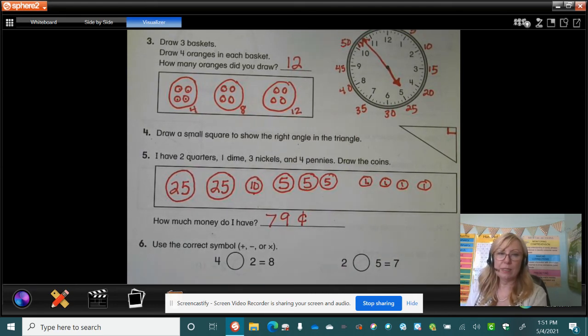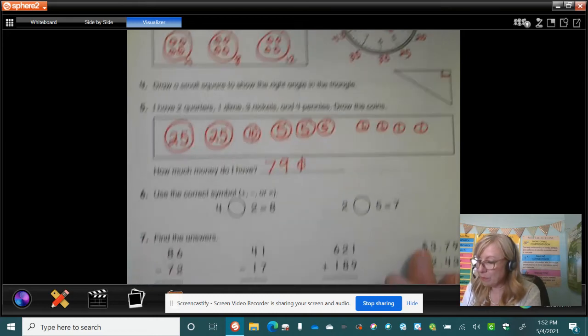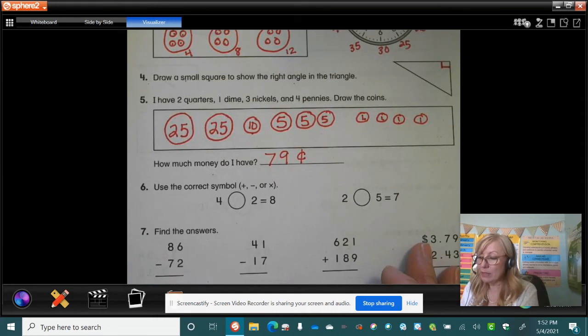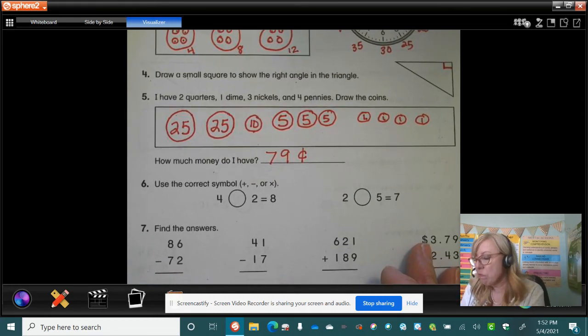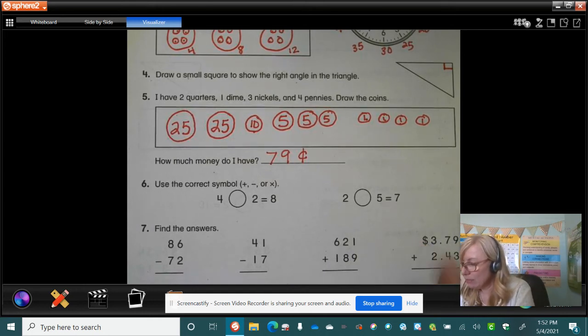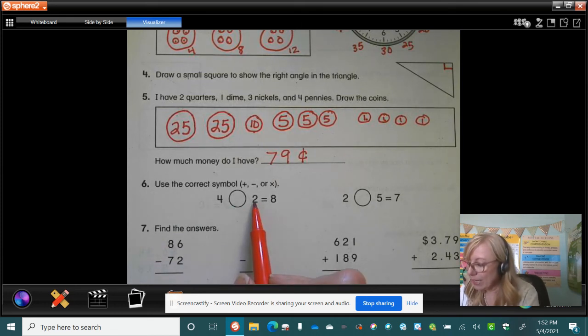All right, number 6. It says use the correct symbol. Plus, minus, or times. Okay, let's begin. Is 4 plus 2 8? 4 plus 2 is 6, so it's not a plus sign.